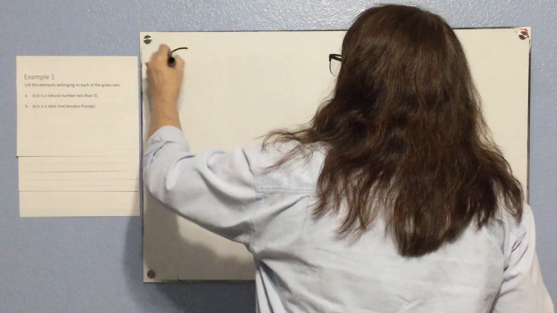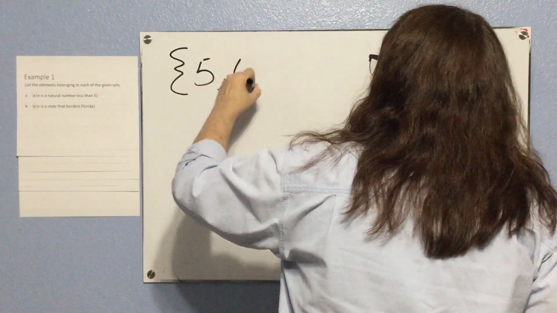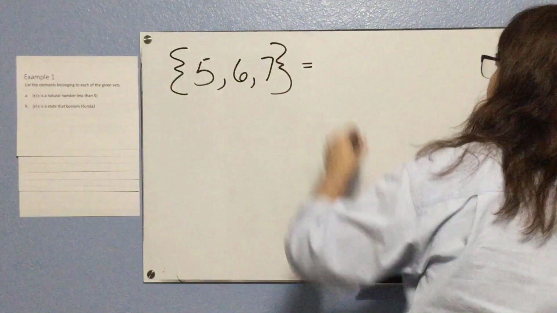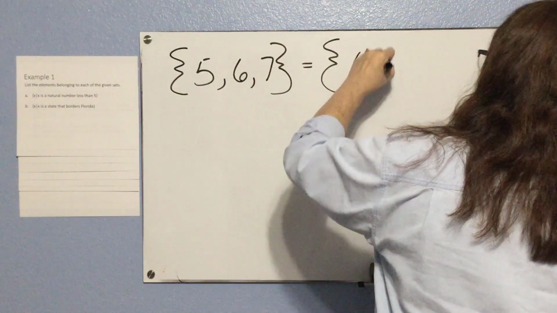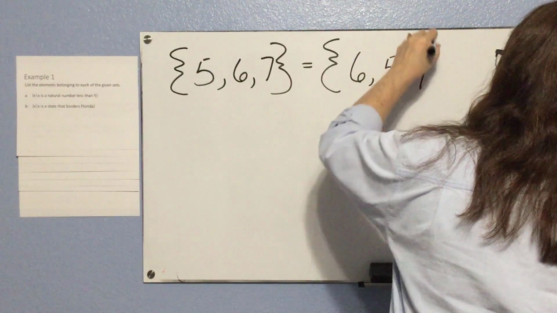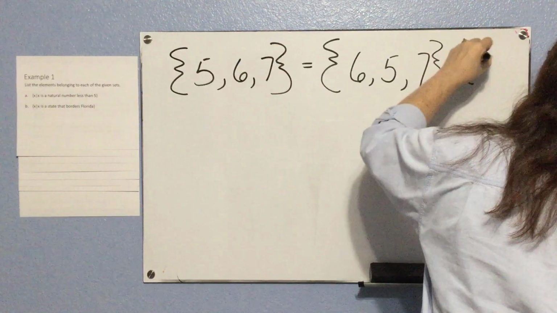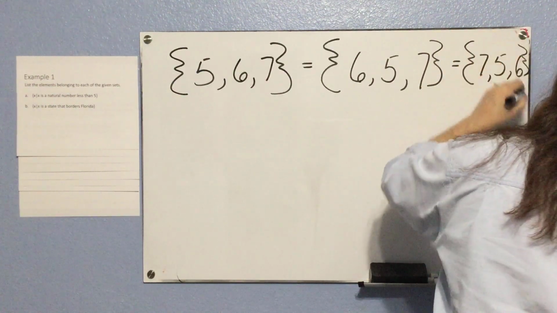We say that sets are equal if they have all the same elements in them. So I could say that 5, 6, 7 is equal to 6, 5, 7, which is equal to 7, 5, 6.